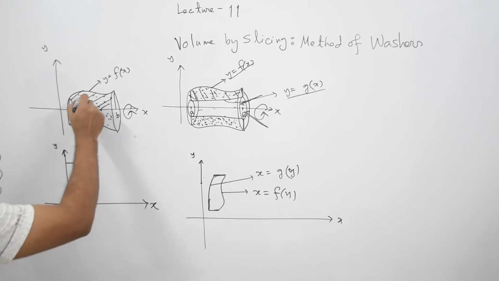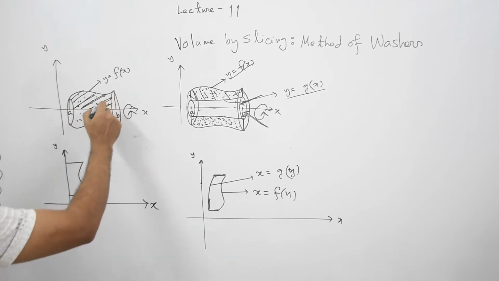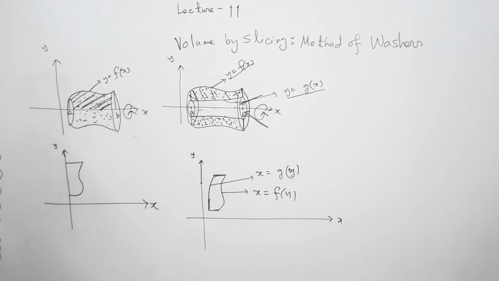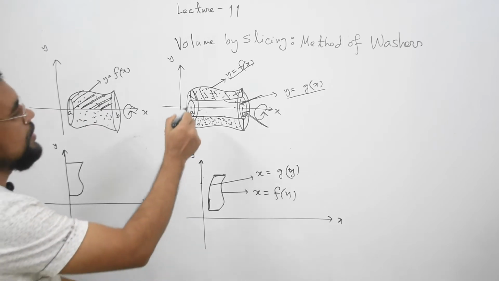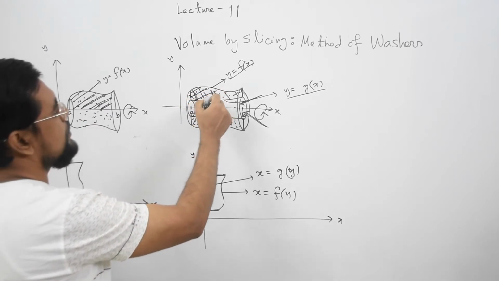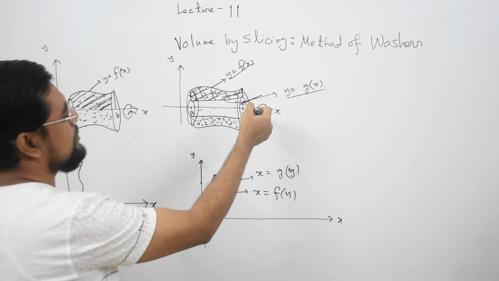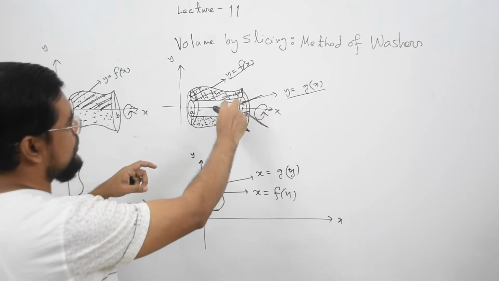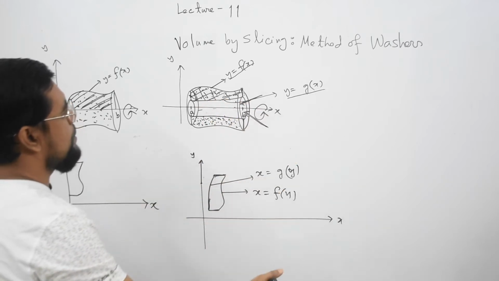If you revolve this plane region about the x-axis, then you will get a solid material like this without any empty interior. However, if you revolve this plane region about the x-axis, then you will get a solid material like this with an empty interior.